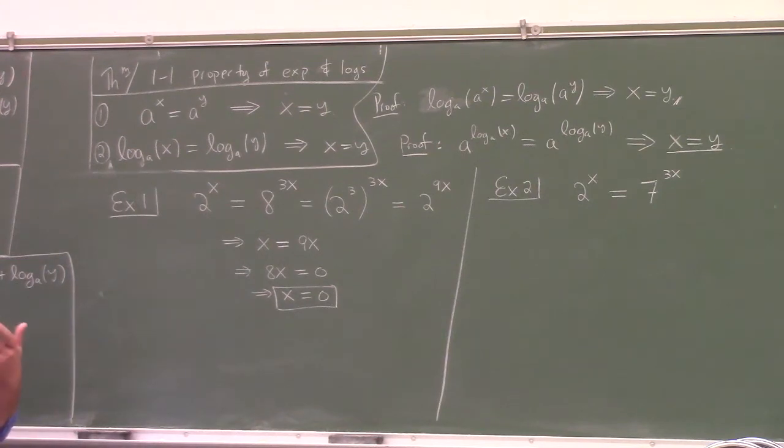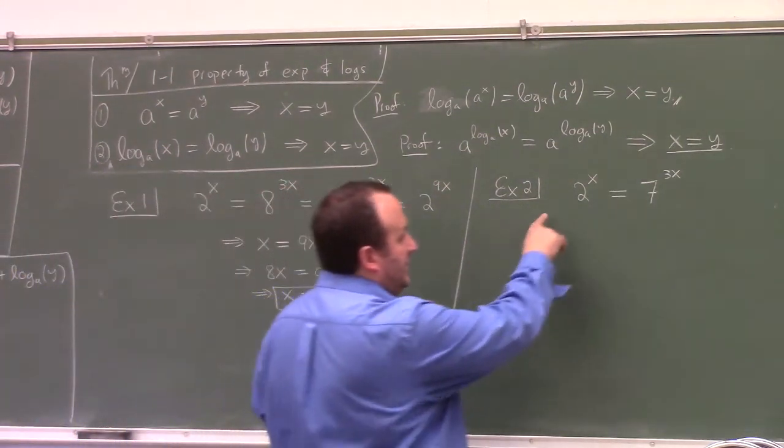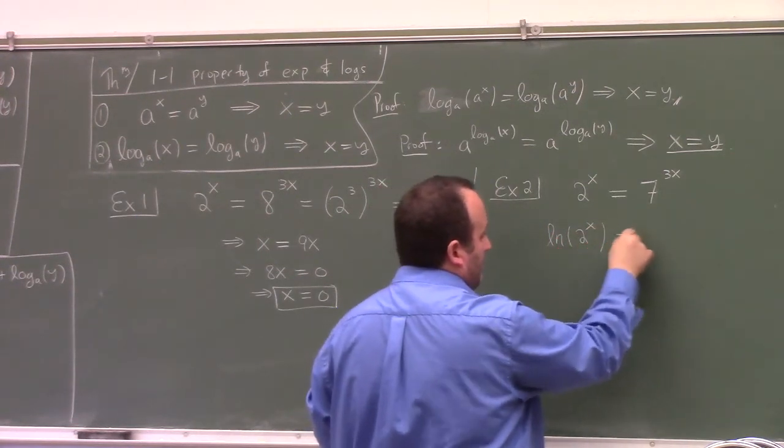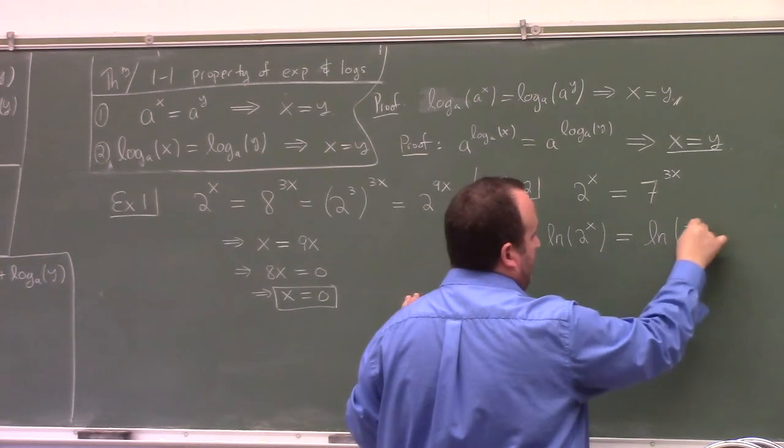See, I don't know. There's no nice way to convert 7 to 2 to the power, right? So when I see something like this, what I do is I just take the natural log of it, because that's a way to change it from an exponential equation to a log equation. So if we take the natural log of this, what do we get?